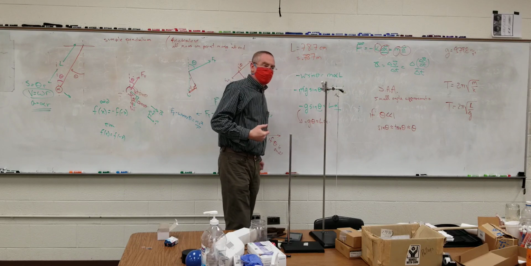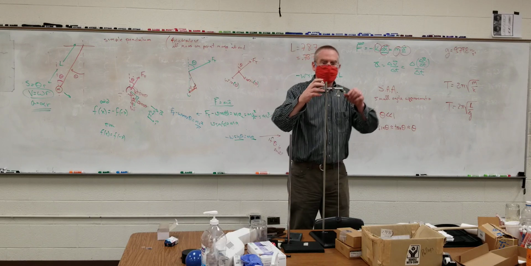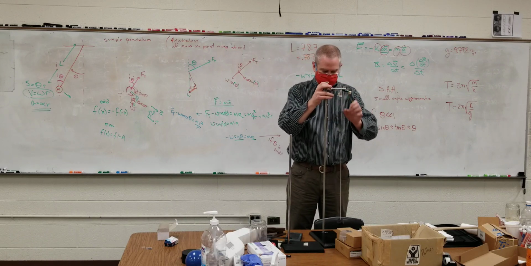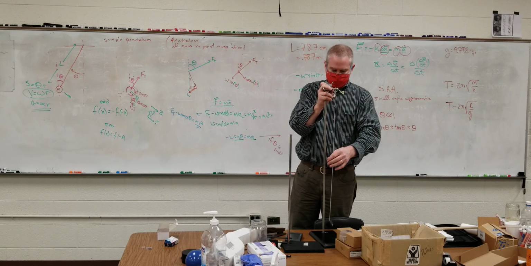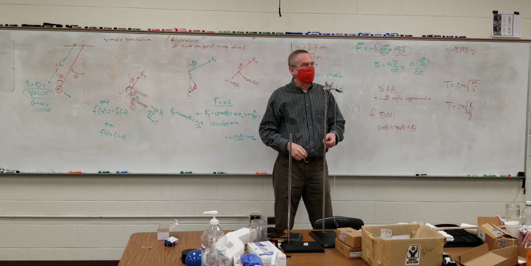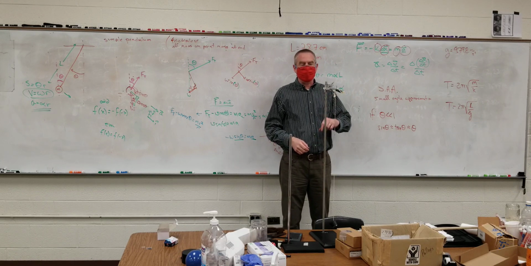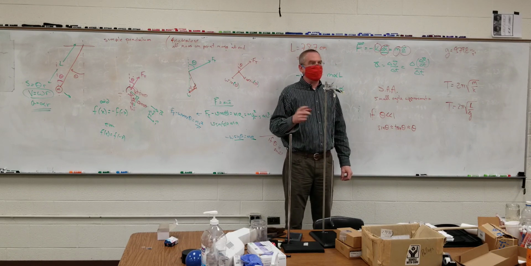And we need to find the period. So what I'm going to do is pull it back a little bit and let go. I do need some people timing. When we're ready, I'm going to pull it back and go 3, 2, 1, go. When I say go, I'm going to let go at that point. We're going to time how long it takes to do 10 full swings.